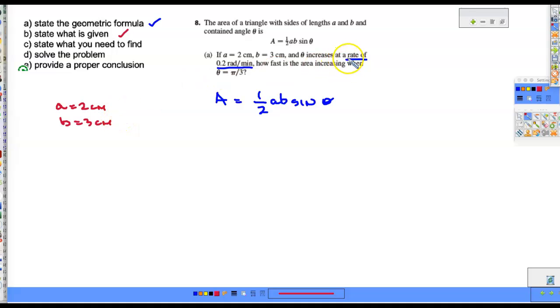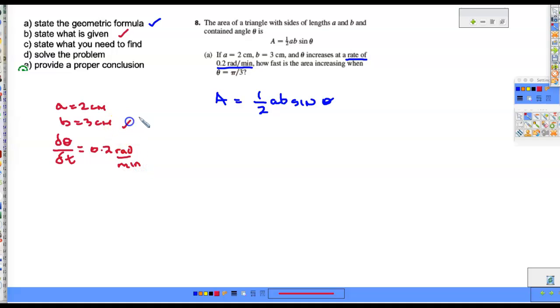Also, theta is increasing at a rate of 0.2 radians per minute, so d theta with respect to time is going to equal 0.2 radians per minute.